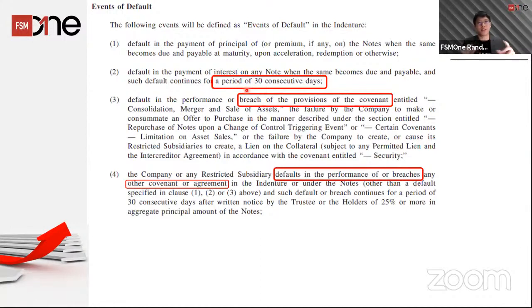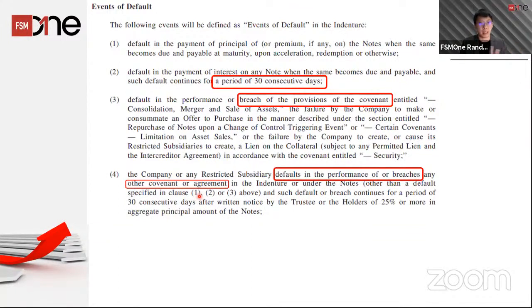They won't specifically name the grace period, they'll construct it in a sentence for you to read carefully and understand. Any other breach of the provisions or covenants, such as consolidation, merger, and sale of assets, or any default in the performance or breach of other covenants, will be considered a default already.